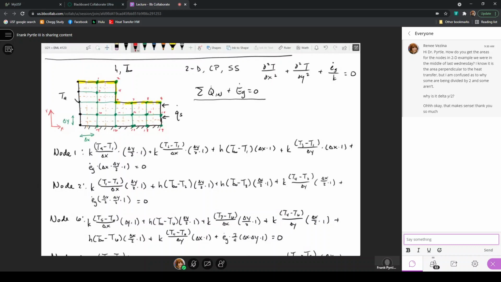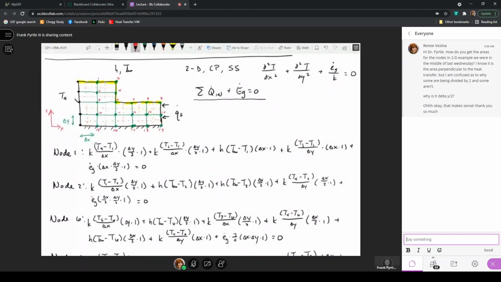Now here, T2 and T4 would be different values. But if I wanted to consider what the temperature gradient in the vertical direction is at node number 2, this would be T2 minus T4 divided by the distance between the two. And we could also calculate the temperature gradient in the X direction.